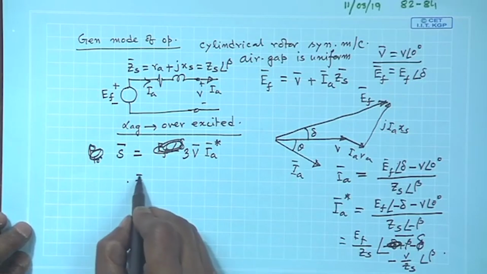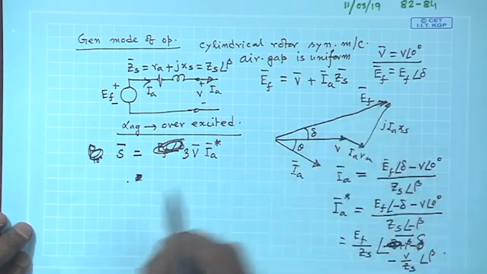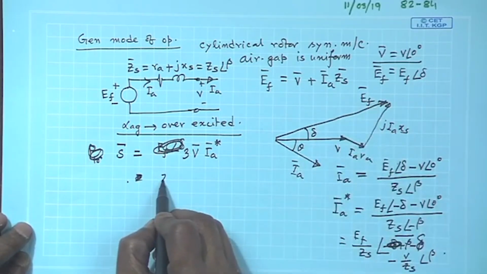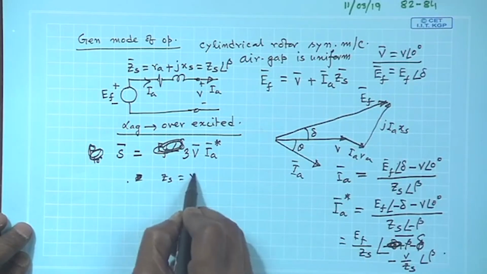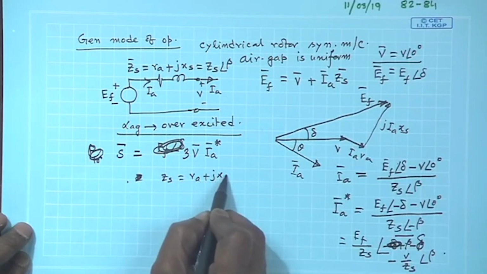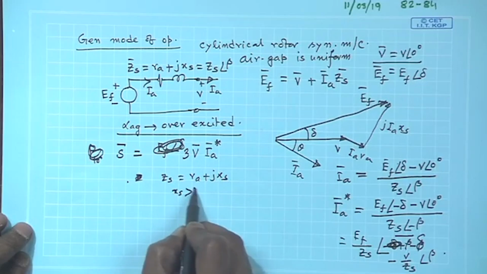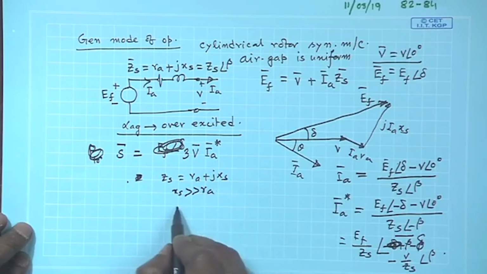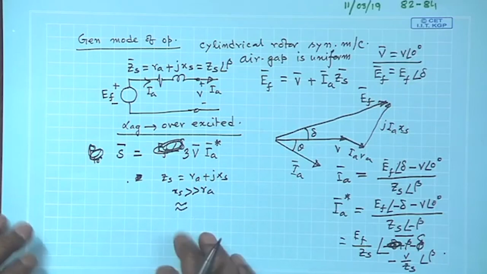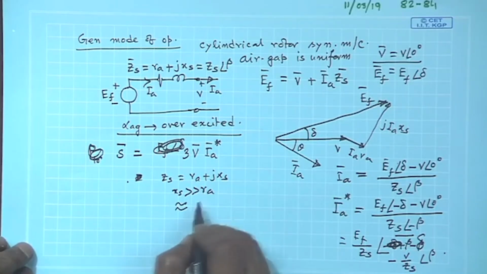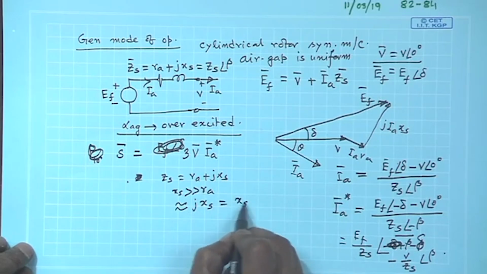And then I told you that this Z S, which is equal to R A plus j X S, X S is much higher than R A. So, what people do, often people use this approximation that this is j X S, which is equal to X S angle 90 degree.